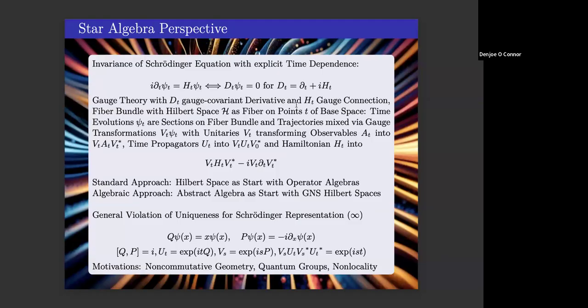It says we start first with the abstract algebra, and then we get Hilbert spaces out of it. And many of them, because you could pick any state, and the representation space is state dependent. So you get lots of Hilbert spaces. So this is another argument why you should maybe not give such a central status to the Hilbert space and what happens in the space, but more to the level of the algebras.